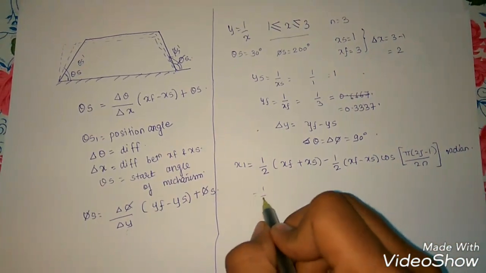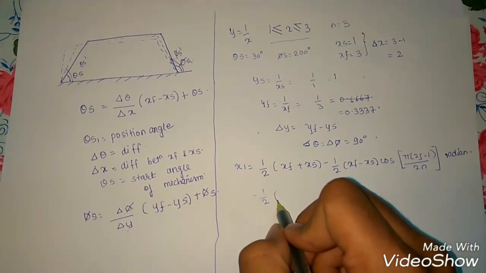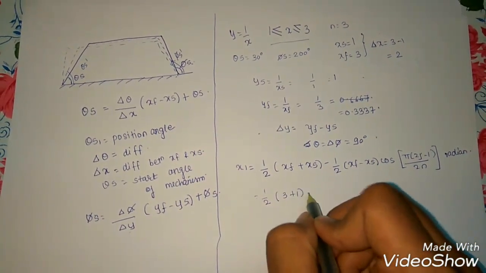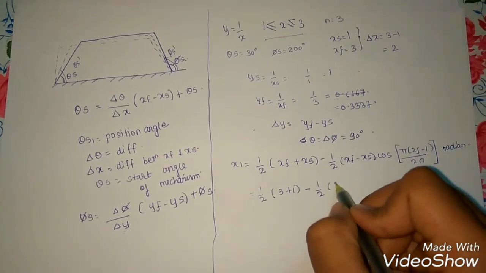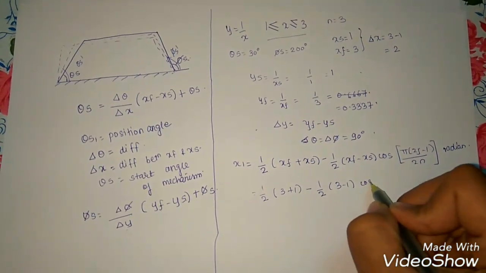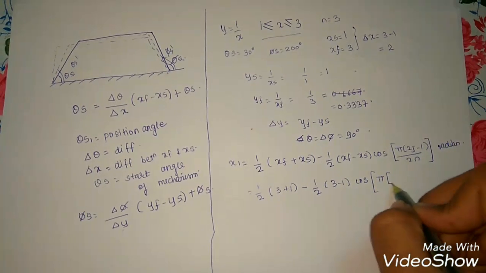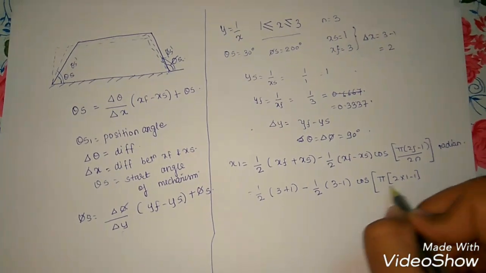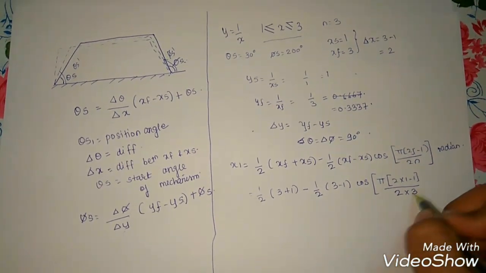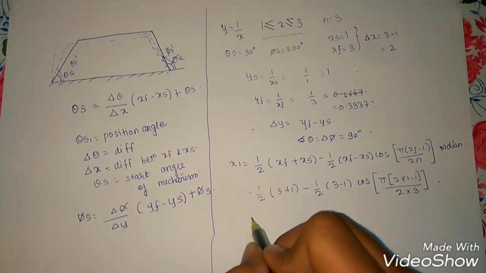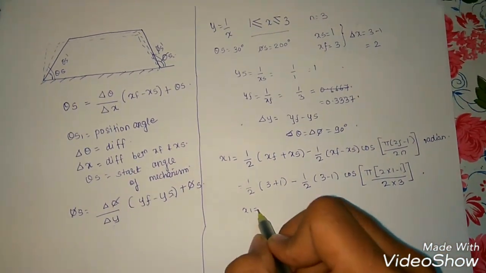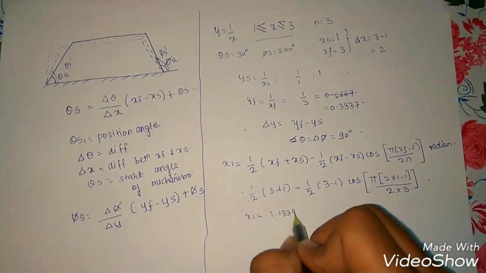Okay, so 1 upon 2. What was the finish position? 3. First, minus 1 upon 2, 3 minus 1, cos of pi (2 into 1 minus 1) upon 2 into 3 precision points. So we'll get x1 is equal to 1.1339.